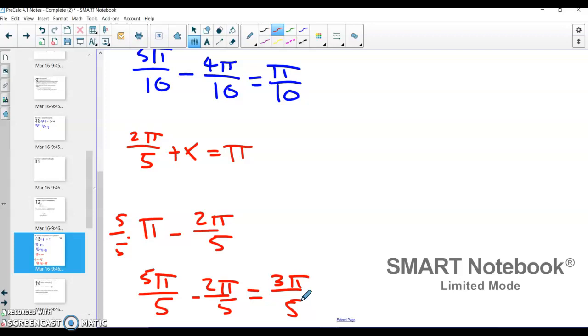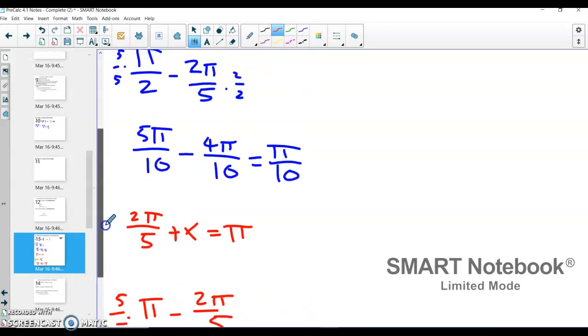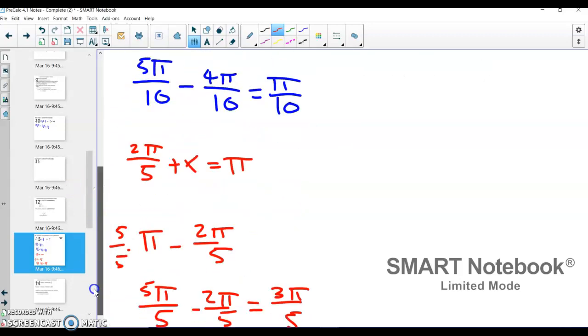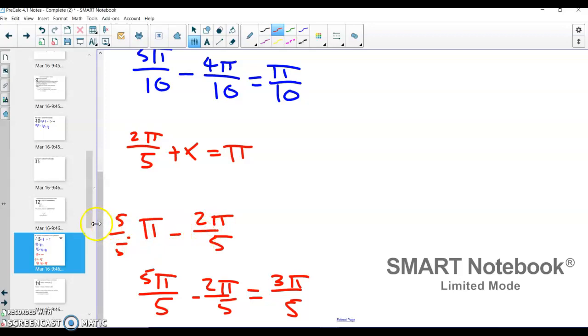Okay, so depending, and really what you can do there is, and you can see I did it both times, I took the pi over 2 and subtracted the angle they're giving me, that was for my complement. Here I did pi minus the angle they're giving me to find its supplement. So complement blue, supplement red.